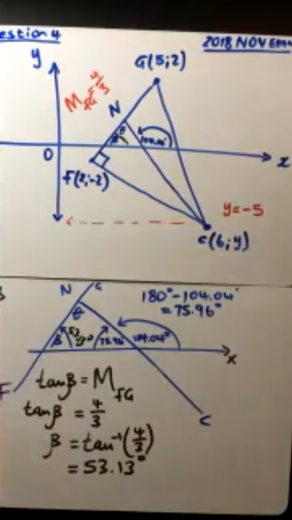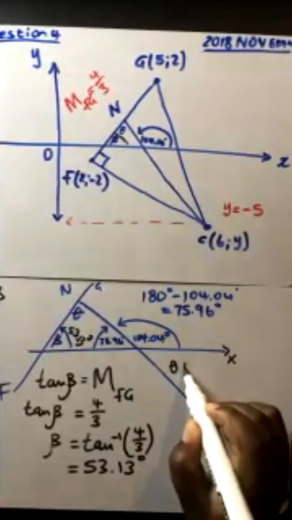Interior angles of a triangle are equal to 180. 100%.